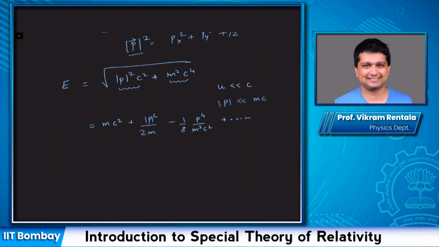Once again we see that the energy is rest mass energy plus conventional kinetic energy of Newton, and you have higher order corrections now.